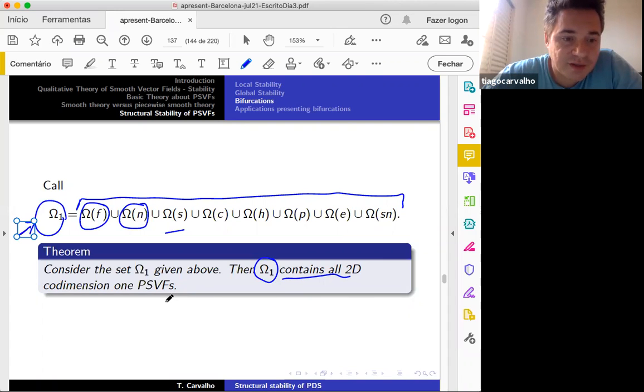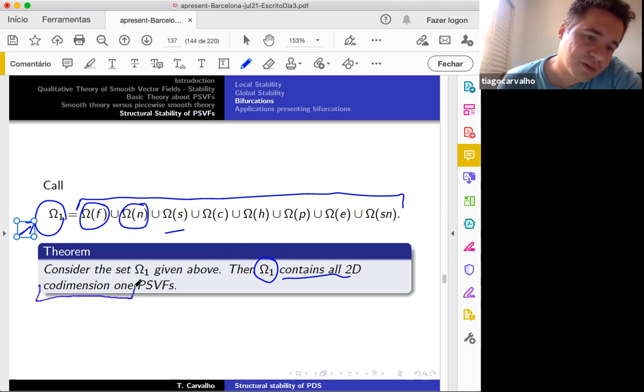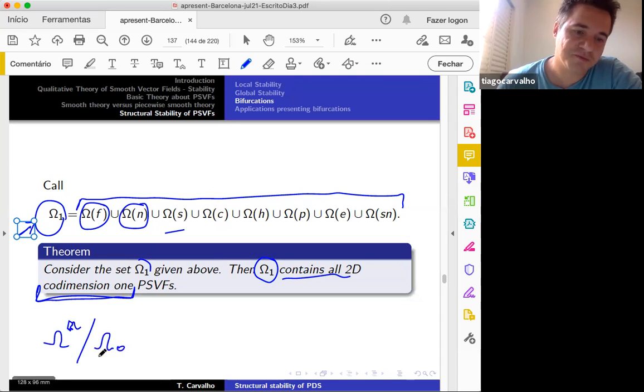When I say codimension 1, I am already saying that this is structurally stable when restricted to the set omega r less the set of structurally stable vector fields, following the Sotomayor definition of codimension. So these are the codimension 1 vector fields in the plane.